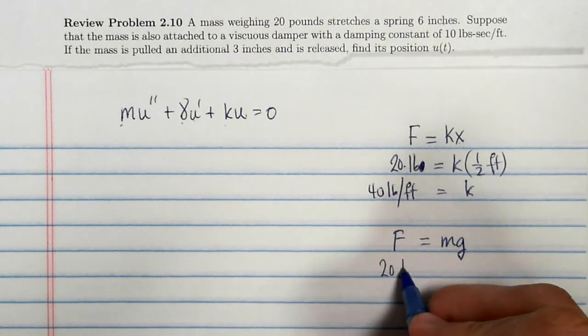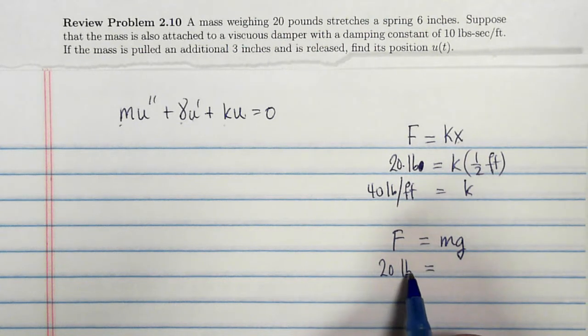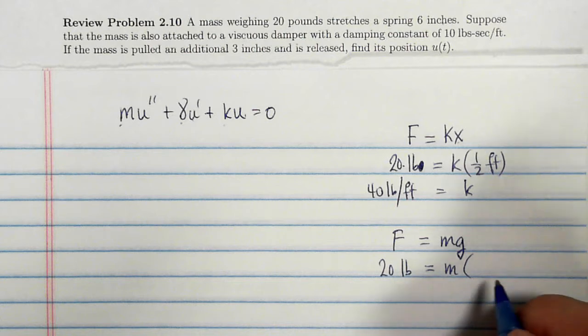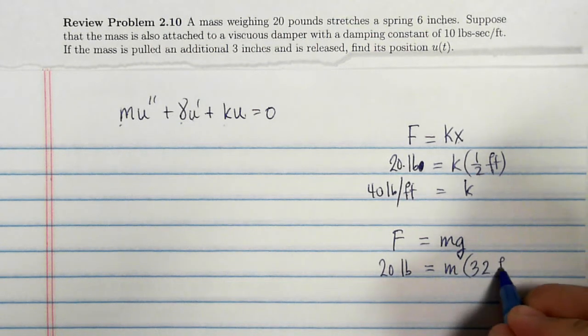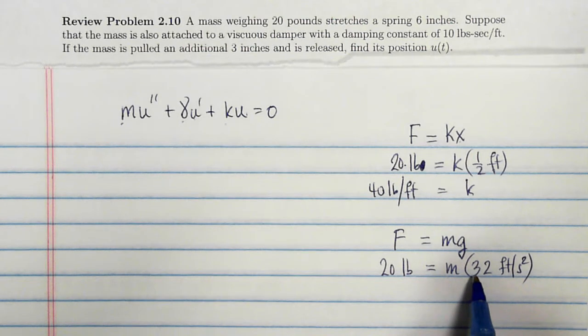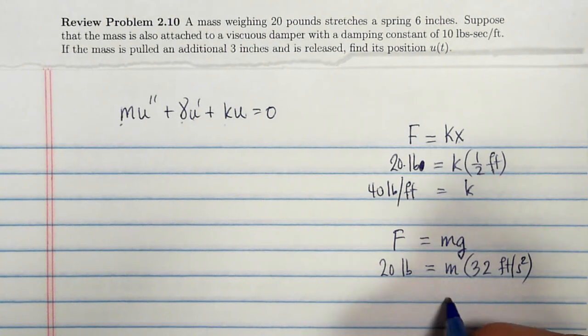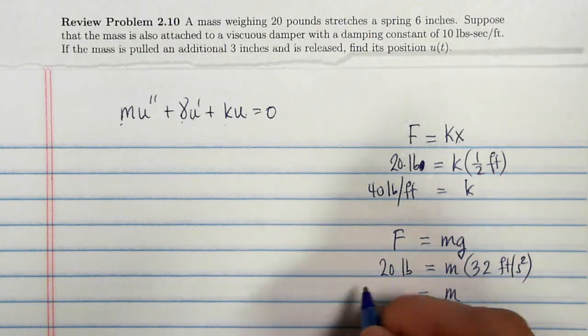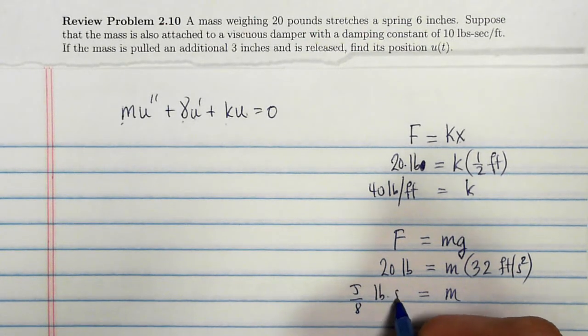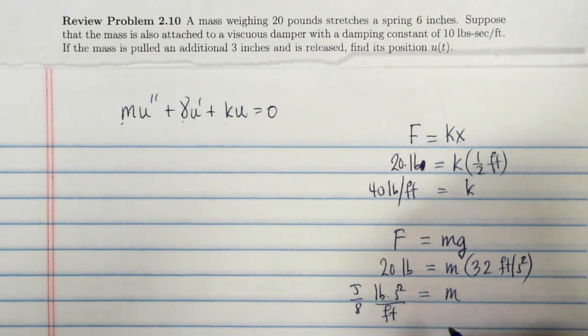The force is 20 pounds. That's the force of the Earth pulling on the mass, times the acceleration due to gravity is 32 feet per second squared. Now it's not exactly 32, but we'll use 32 for the purposes of this course. So that means that m is equal to 5/8 times pounds per second squared over feet.